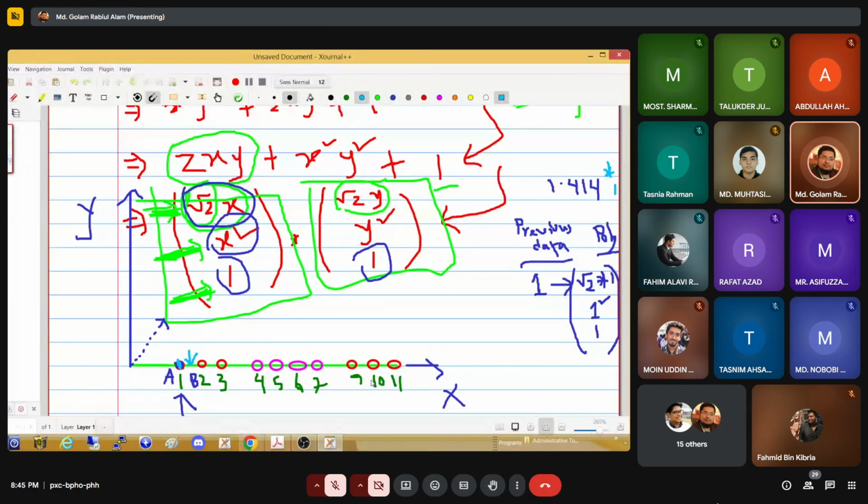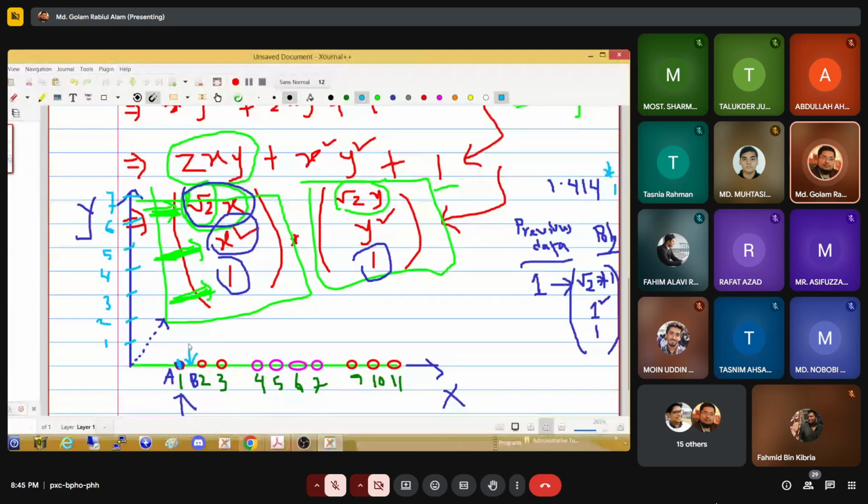In y direction, this is 1 square, and 1 square is 1. So let's say this is our 1, this is 2, 3, 4, 5, 6, 7. Now in y direction it will be 1, so the 1 is here.